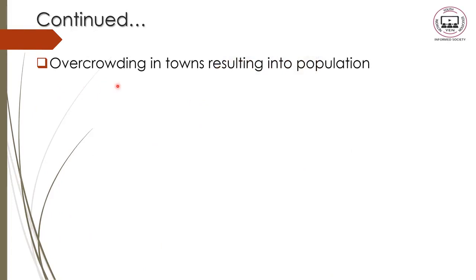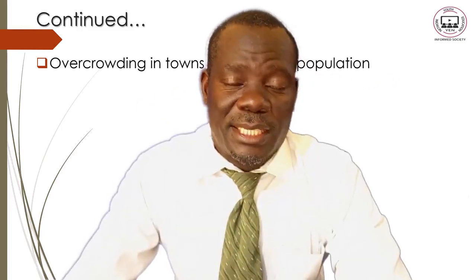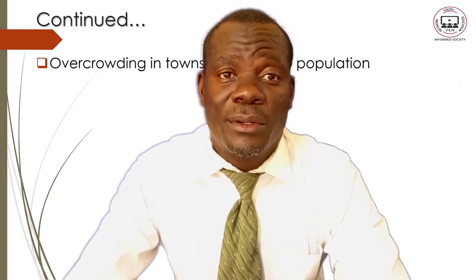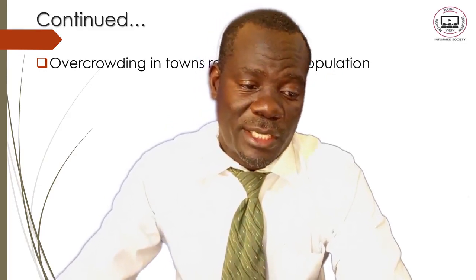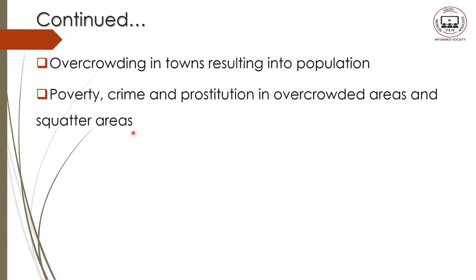Also, overcrowding in towns resulting in overpopulation. So we see that there is overcrowding in towns. Many people living in town there. And poverty, crime, and prostitution in overcrowded areas and squatter areas.